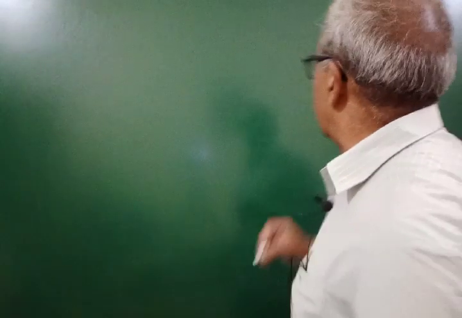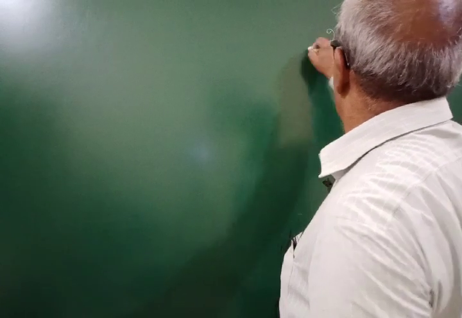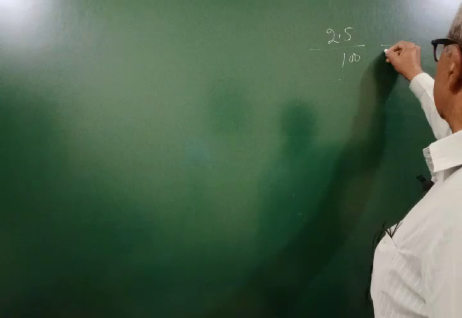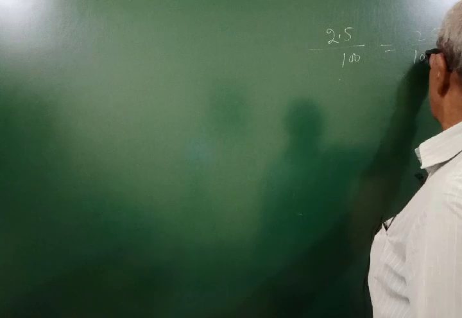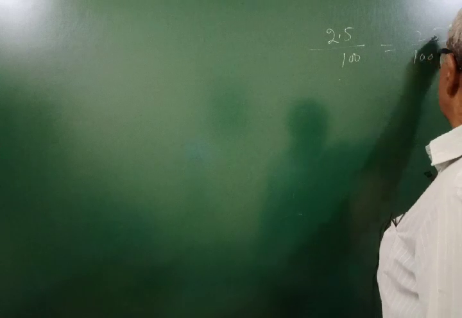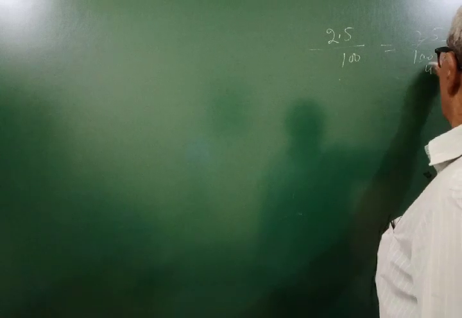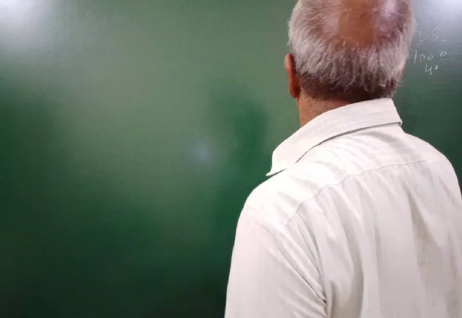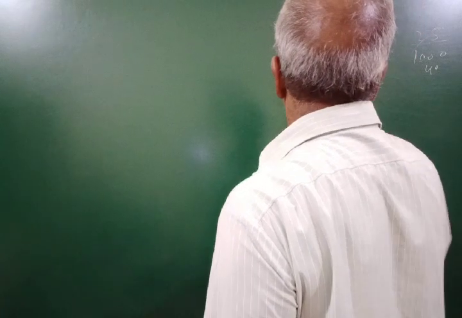Even one day I asked a student, 2.5 upon 100, what will it be? First he removed the decimal, then divided, and then put the decimal back. It is simple. There are 2 zeros. Displace the decimal to the left by 2 digits.